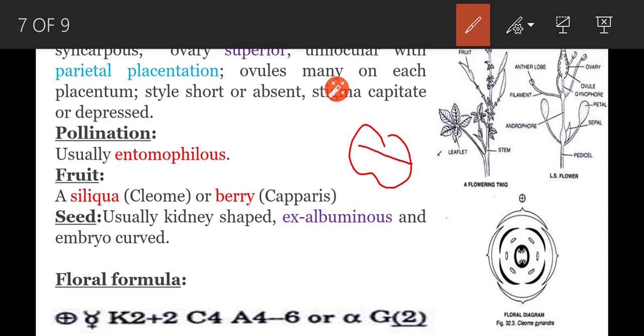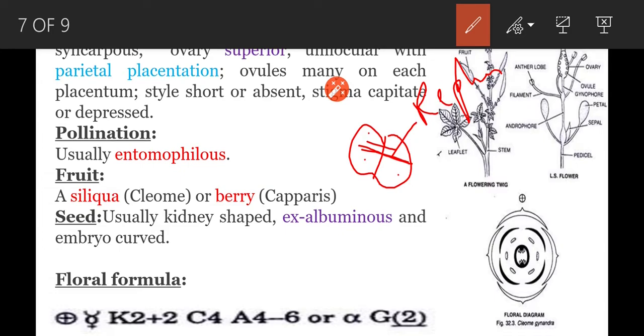Due to that, the gynoecium appears to have 2 locules and 4 carpels. This false septum is called replum. Okay, this replum will be asked in competitive exams.